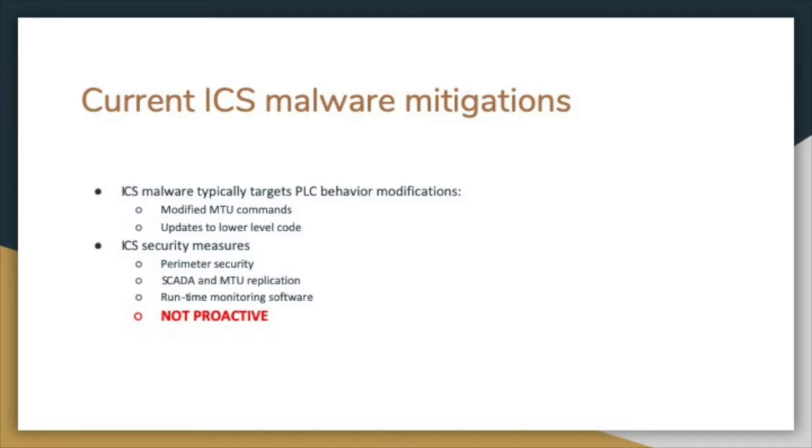Recent industrial control system specific protection mechanisms include replicating SCADA network gateways and MTUs, and also runtime monitoring software. But these methods are still reactive in nature. The problem with reactive methods is that the control system is already compromised, so corrective action must be taken to restore the system.